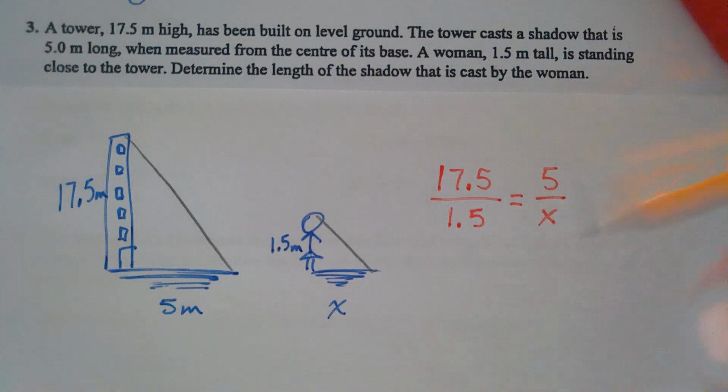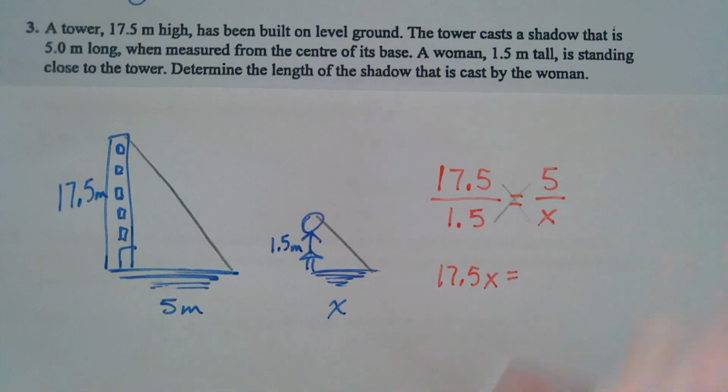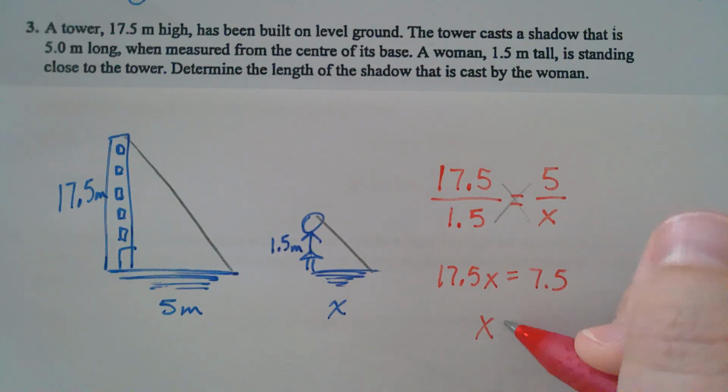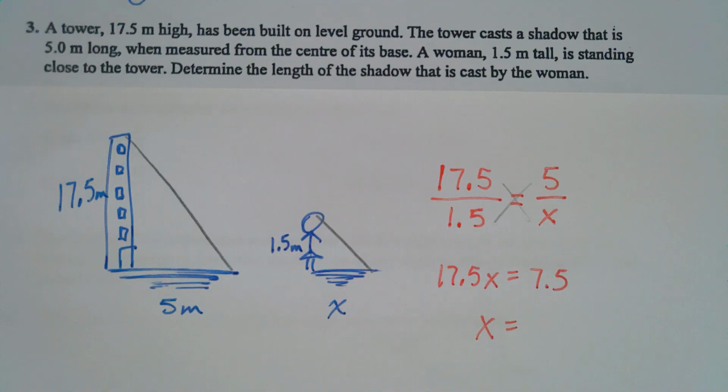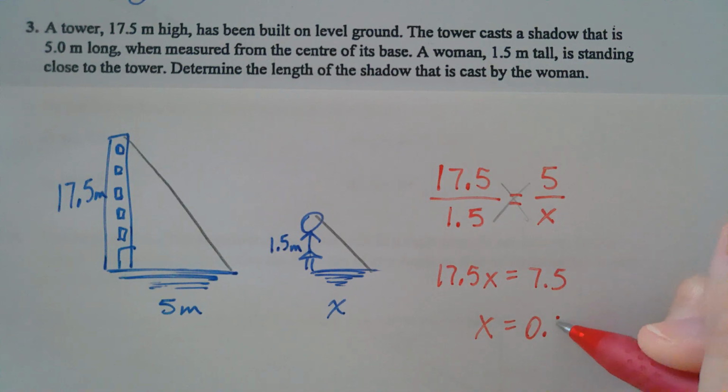Cross multiply, divide. All right. 17.5x equals 1.5 times 5. Whoops. 1.5 times 5, 7.5. And then when you divide it, 7.5 divided by 17.5, 0.4.